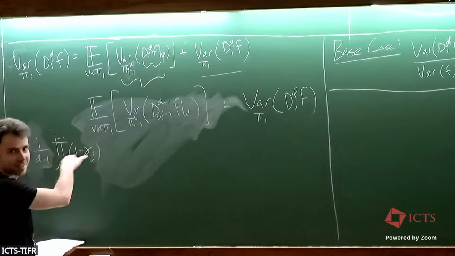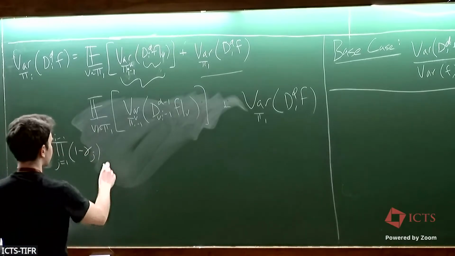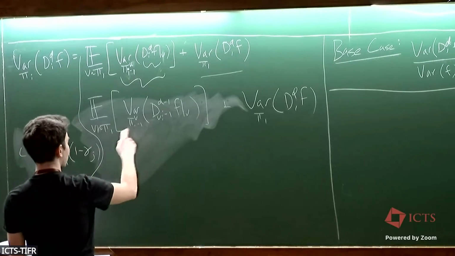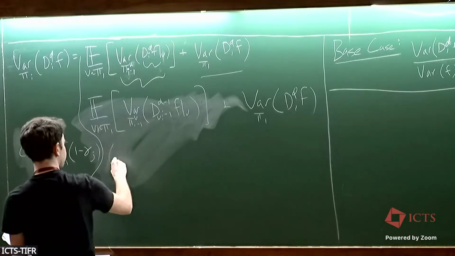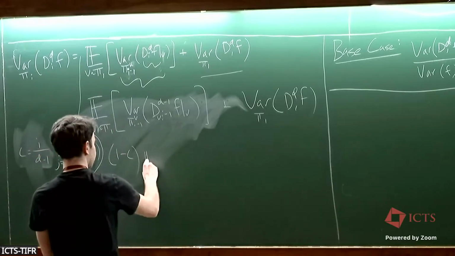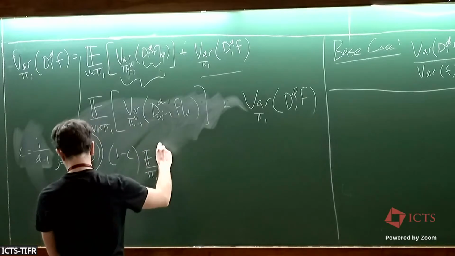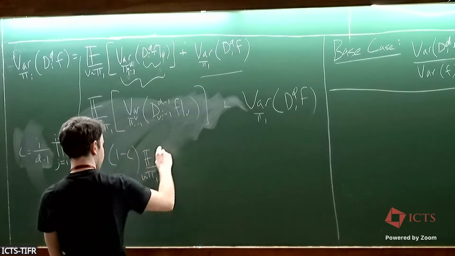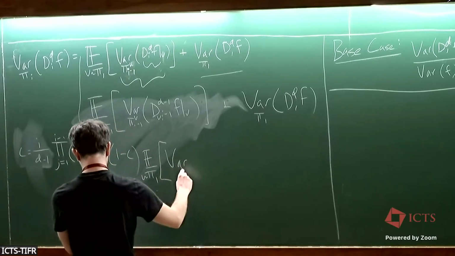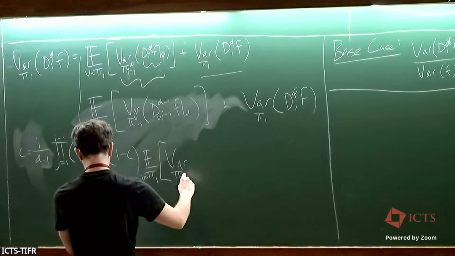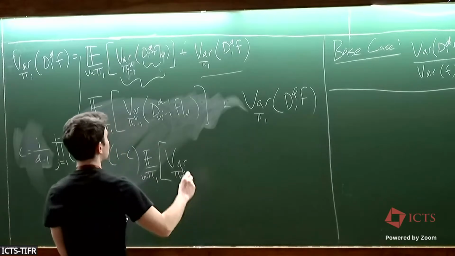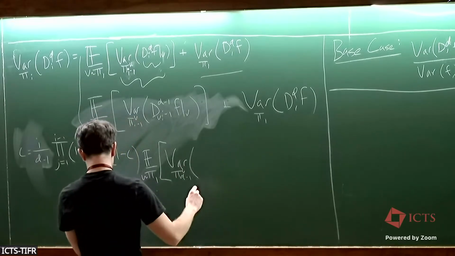So technically 1 minus c is the term that appears. So now by the inductive hypothesis, this becomes 1 minus c times the expectation over pi 1, v sim pi 1 of the variance over pi v d minus 1 of f.